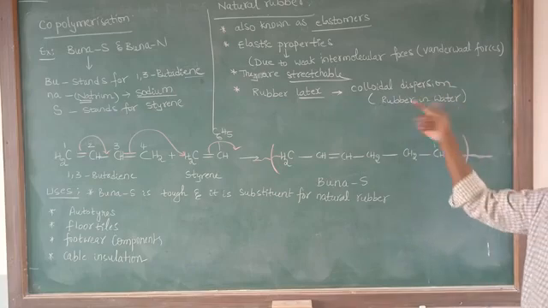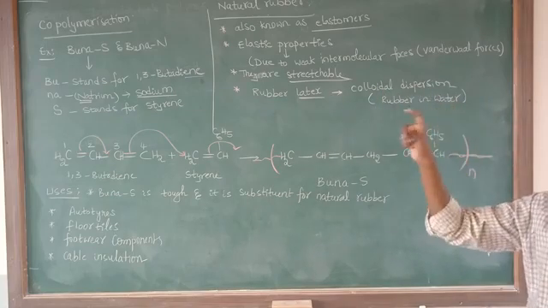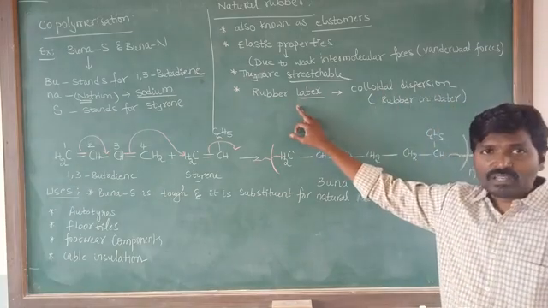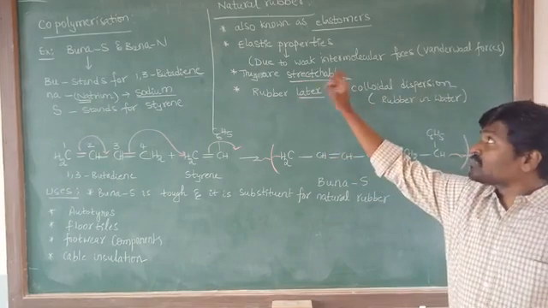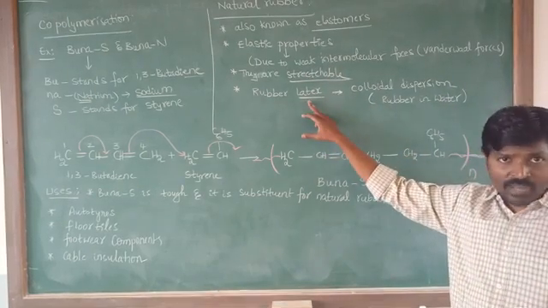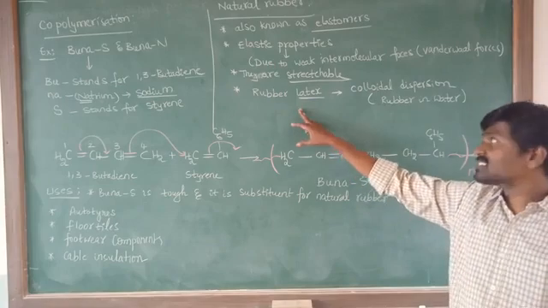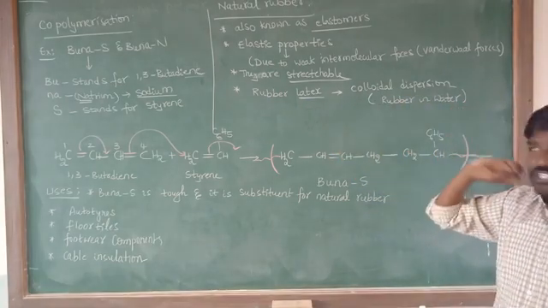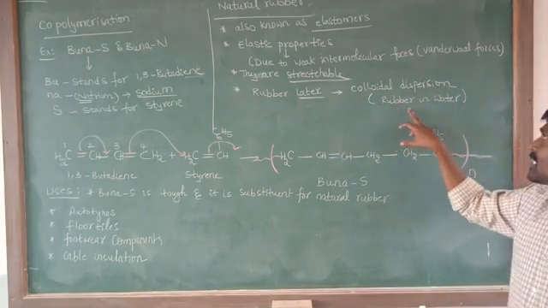This mixture is called a colloidal dispersion. This is the point you have to remember. Rubber is mainly manufactured from rubber latex, which is a colloidal dispersion of rubber in water.